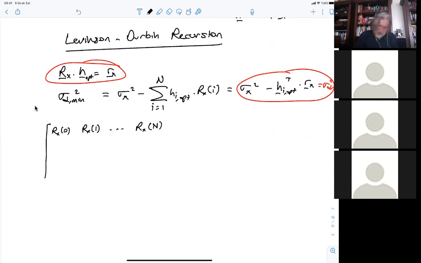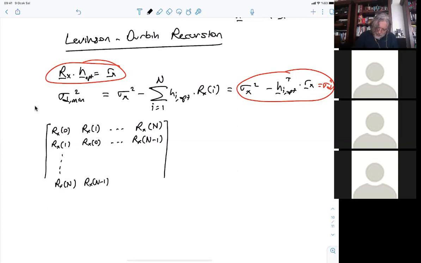This time it's up to n, because previously it was only Rx1 to Rxn inside here, but now it starts from Rx0 and further extends to Rx of n. Let me first write this, then you will make better sense, hopefully, about the equation that will come out. Rx of n, Rx of n minus 1, again Rx of 0.